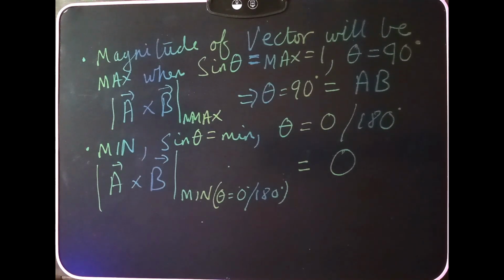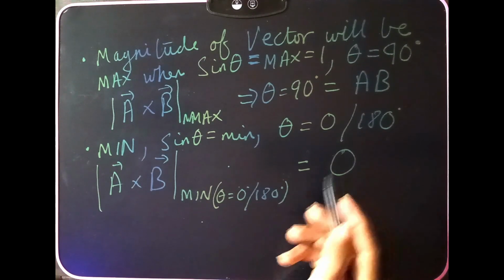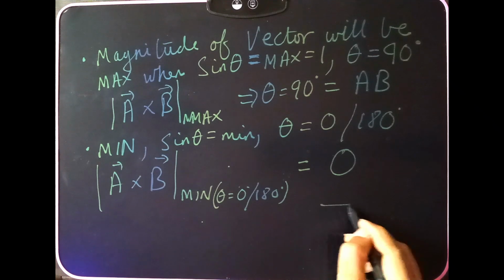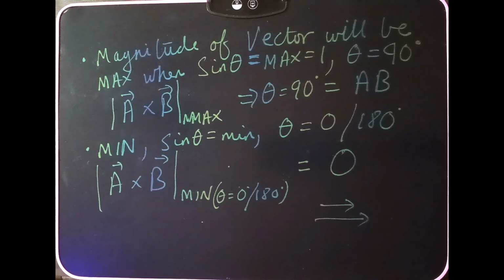So the vectors are collinear or parallel, right? Theta can be 0 when they are parallel. The two vectors have to be parallel, or called collinear vectors. Then the cross product of parallel vectors will be 0.